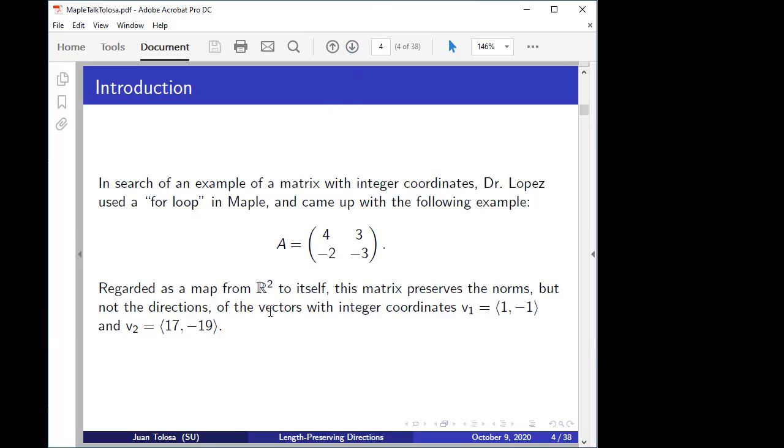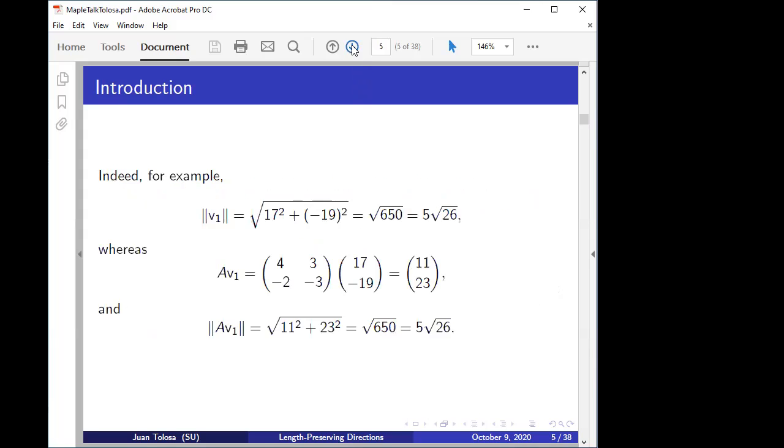We are going to also identify A with the corresponding linear map from the plane to itself. So for example, if you grab the second vector, the norm is the square root of 650.